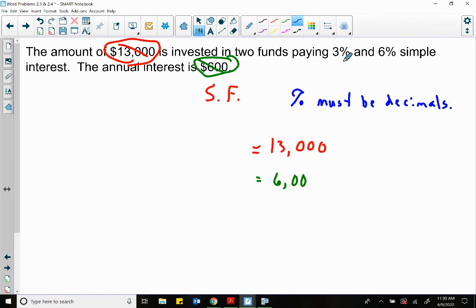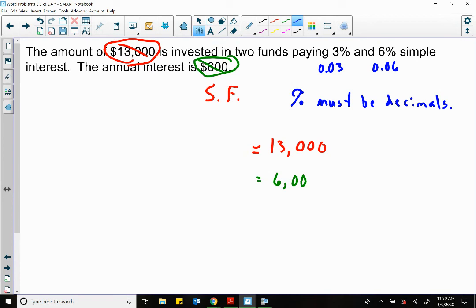Okay? So what is 3% as a decimal? 0.03. What is 6% as a decimal? 0.06.